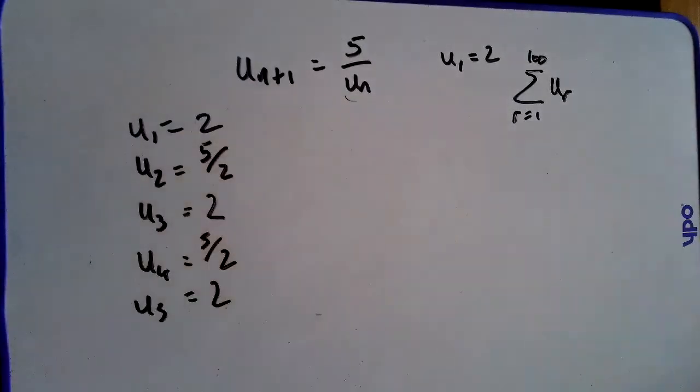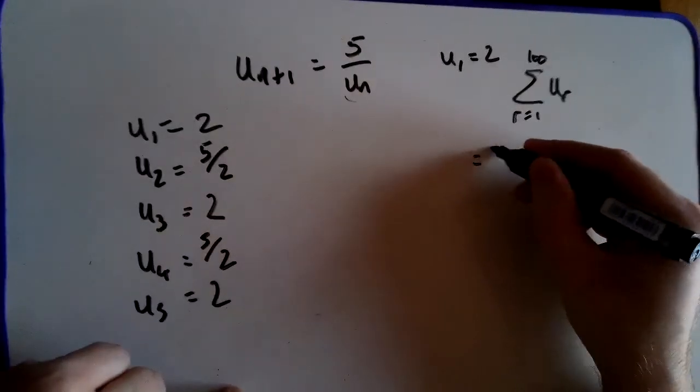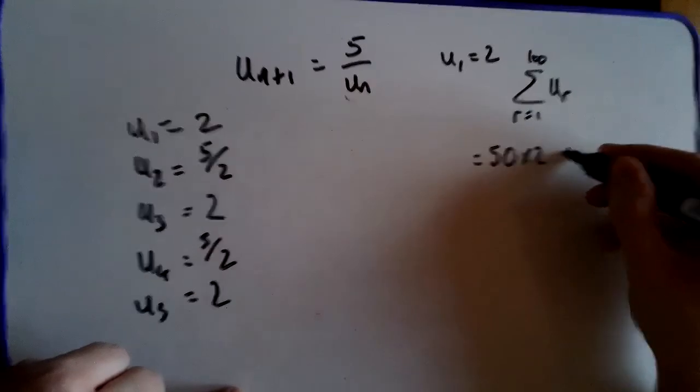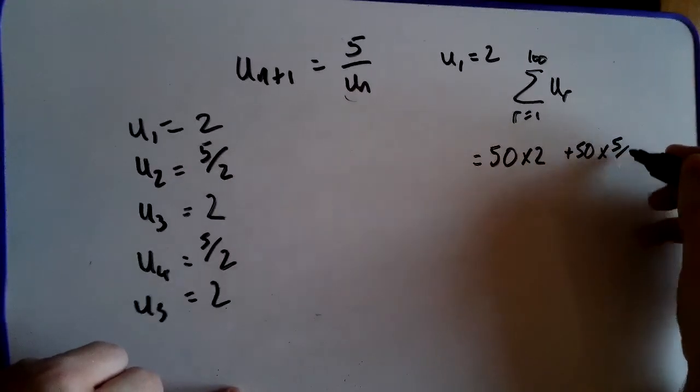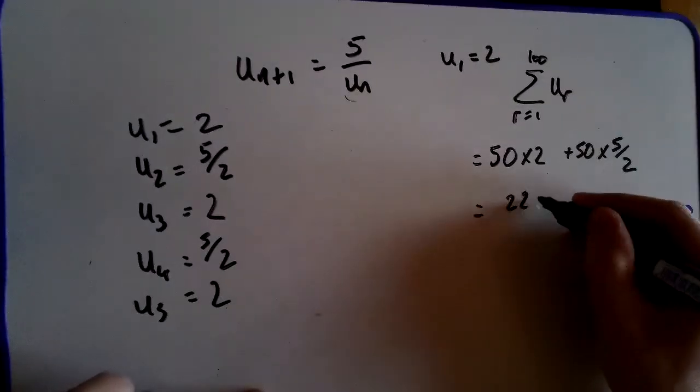So you should be able to spot a pattern. If I want the first 100, then that means I'm going to have 50 lots of 2 and 50 lots of 5 over 2. So just type that in your calculator. 50 times 2 plus 50 times 2.5, 225.